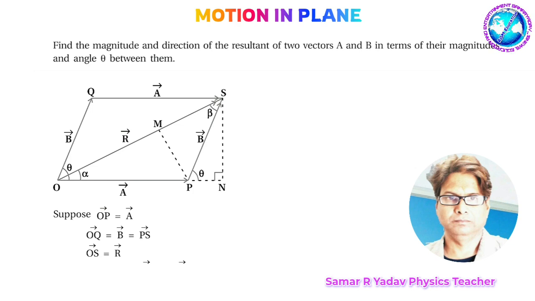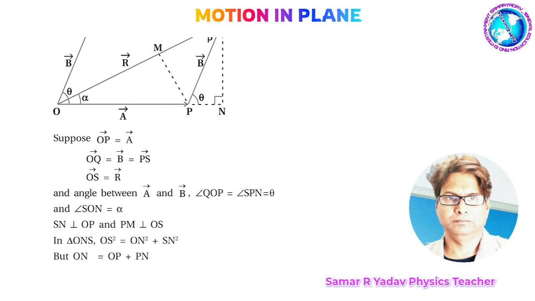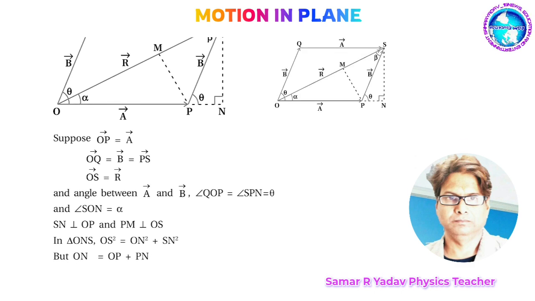Suppose vector OP is equal to vector A, vector OQ is equal to vector B is equal to vector PS, vector OS is equal to R, and the angle between A and B, angle QOP, is equal to angle SPN, which is theta, and angle SON is equal to alpha. Therefore, SN is perpendicular to OP and PM is perpendicular to OS.